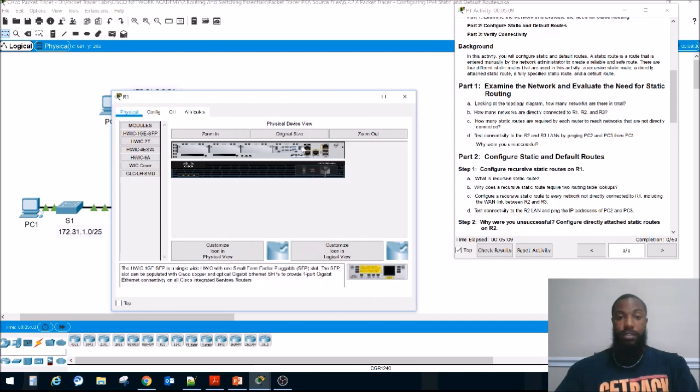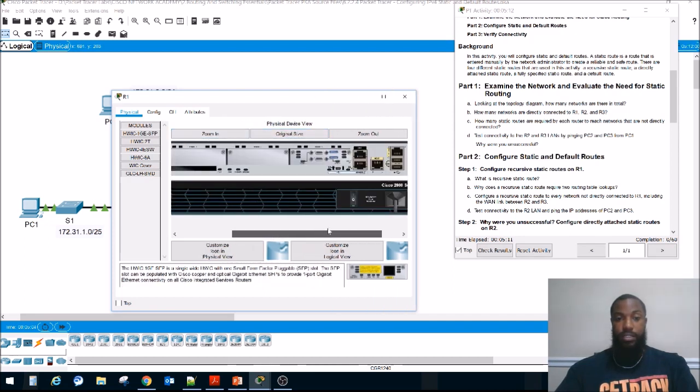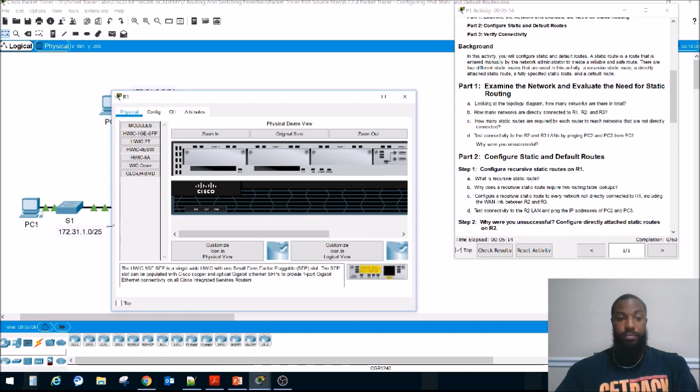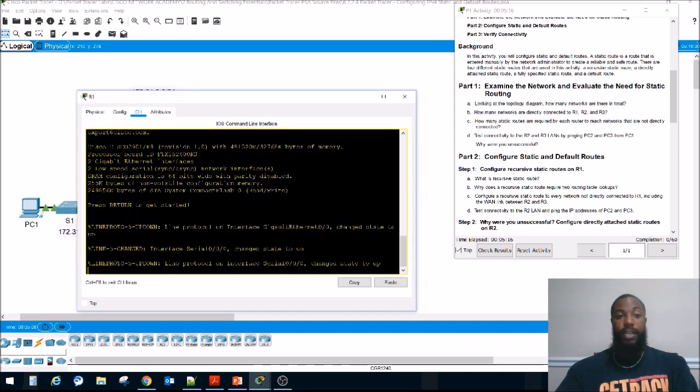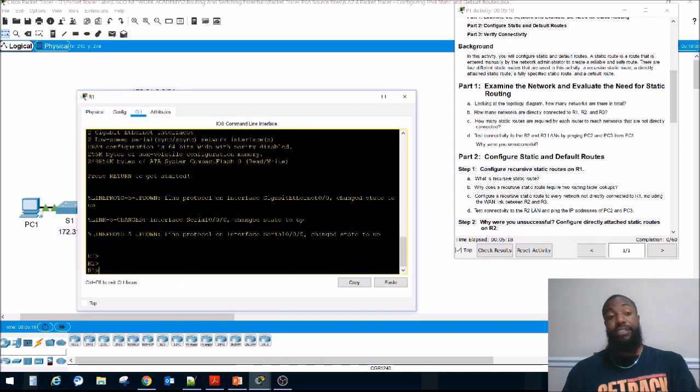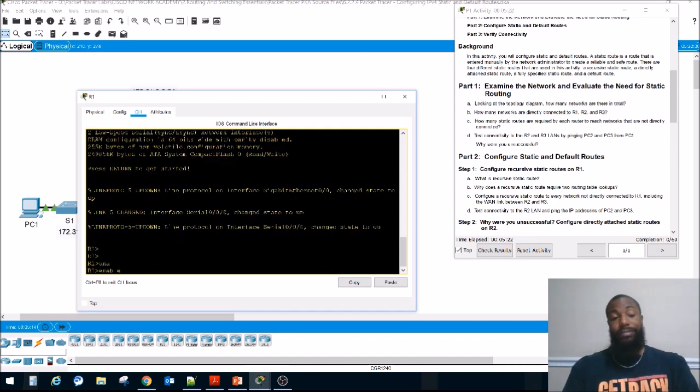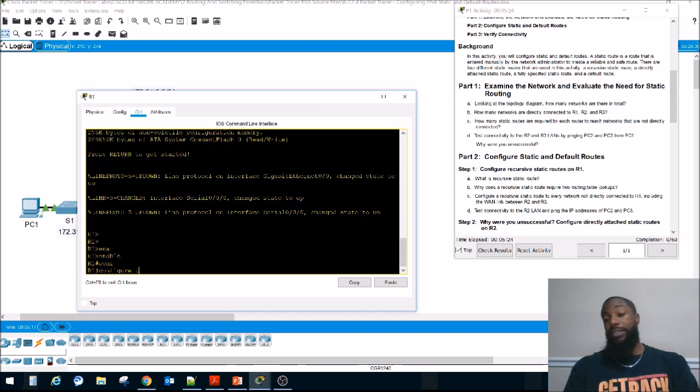It's a 19 something router. What is this? 2900. I was actually thinking about getting one of these. Yo, I got me a good deal. I know you're probably wondering why I would get physical routers, but I got 6 of the 2800 series routers, the big fat ones, right?